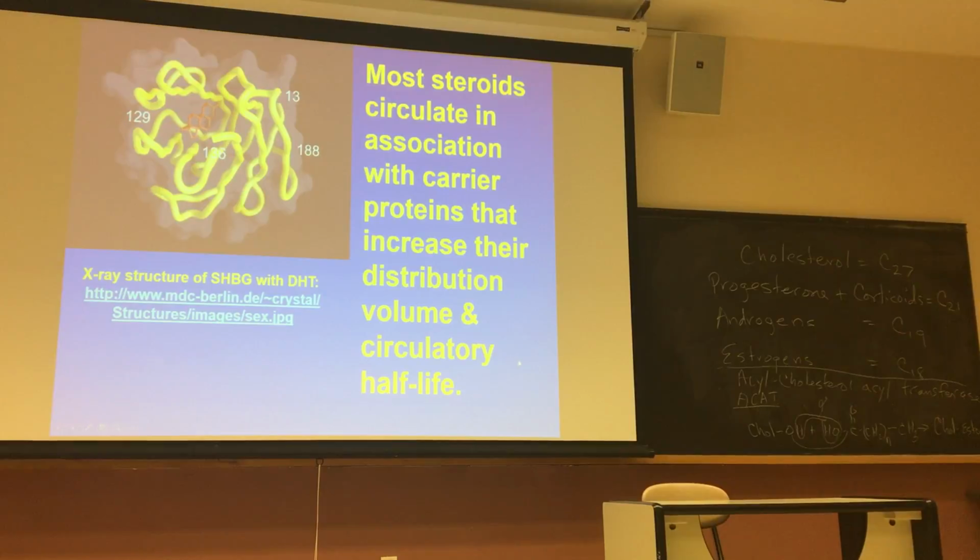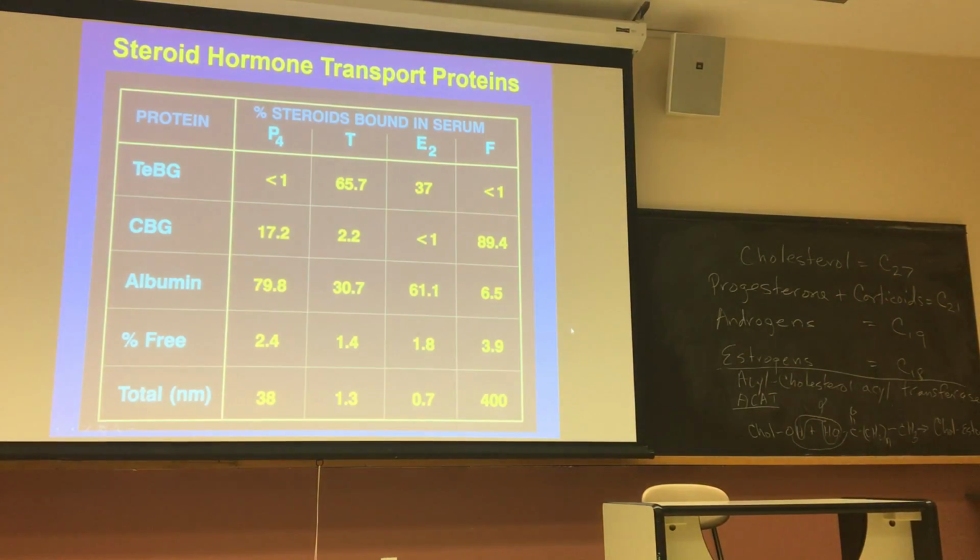Most of the steroids circulate with carrier proteins, so they're bound. Let me show you what I mean. The amount of steroid in circulation that isn't bound with proteins, this is progesterone, testosterone, estradiol, and this is cortisol.